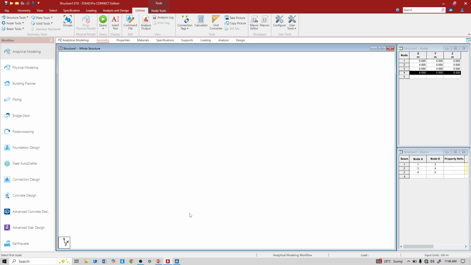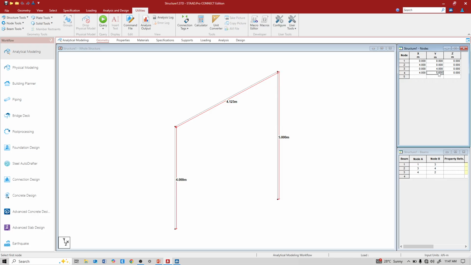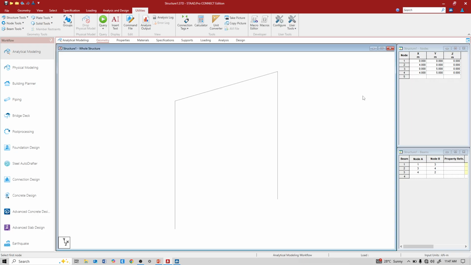Node tools, node to node distance. See this is 4 meter, this is 4.123 meter, this is 5 meter. So here this y is, yes, 5, this is 5. Yes, now it is correct.